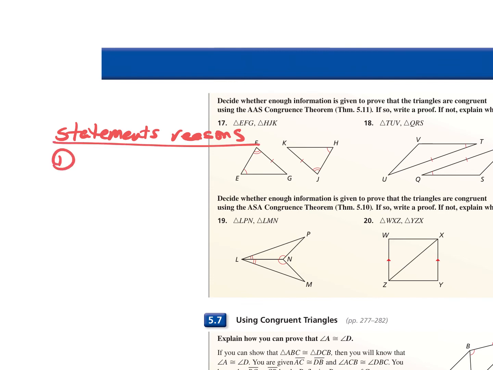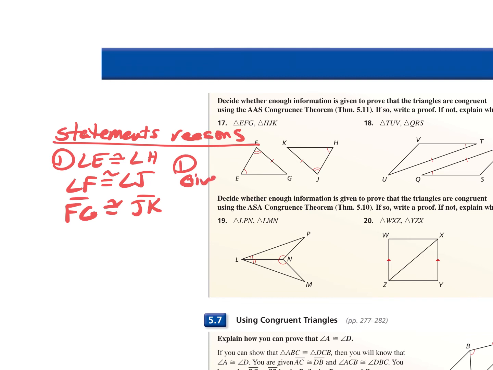So here, the given was angle E congruent to angle H, angle F congruent to angle J, and side FG is congruent to JK. And this was all given, so we didn't have to look for anything on our own. So we can say that triangle EFG is congruent to triangle HJK.